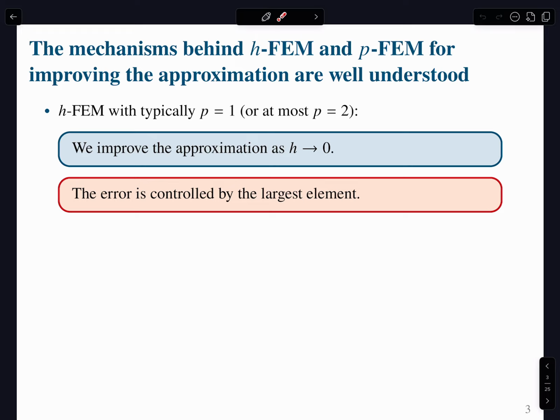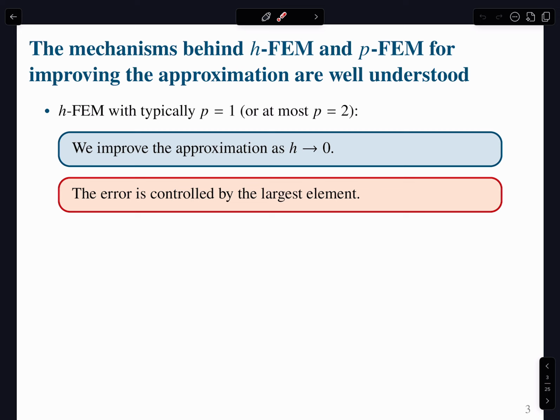So in this case for h-FEM, where you reduce the error by just making the mesh finer and finer, then obviously the error is going to be controlled, as you see here, by the largest element. So that is the one that is going to control the error.